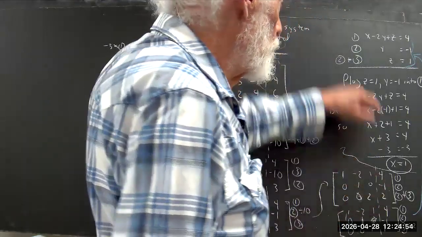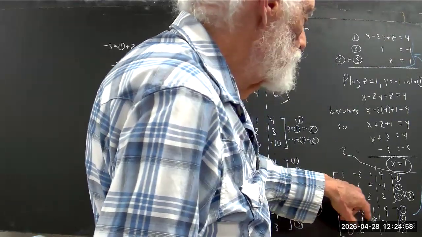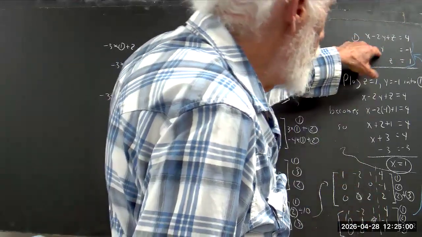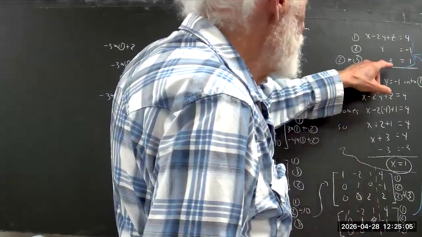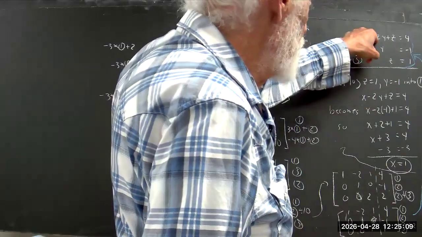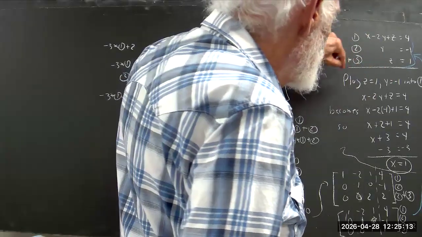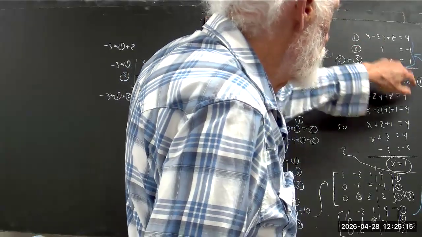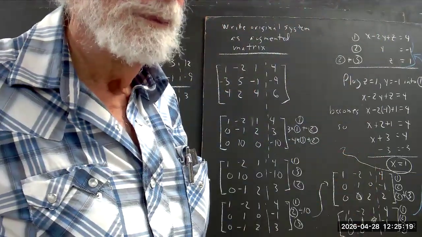One, -2, 1, 4 is x minus 2y plus z equals 4. 0, 1, 0, -1 is y equals -1. 0, 0, 1, 1 is z equals 1. So we translate this back into this. Plug z equals 1, y equals -1 into the first equation. You get the same solution we got before.